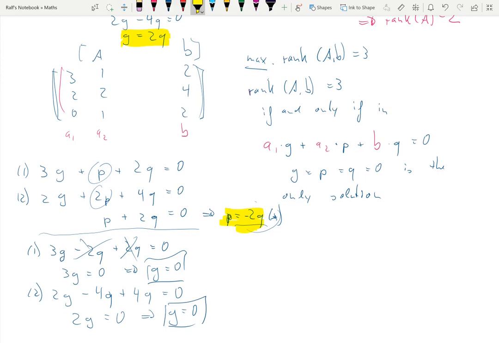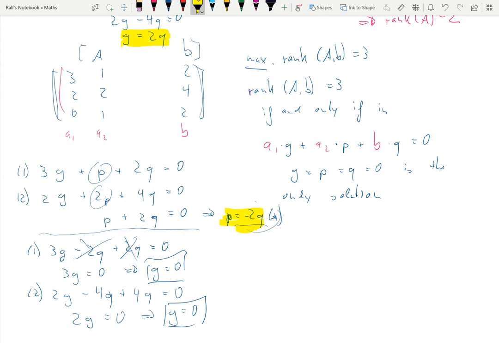Now, on what occasion can that be the case? So we now need to think about what possibly could we have here. What could be P and Q to make this true?